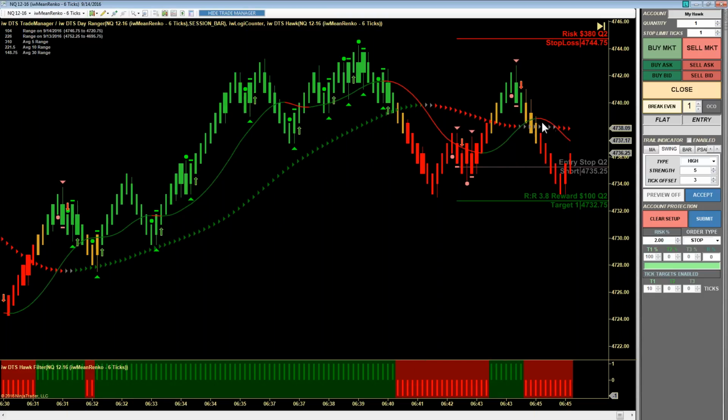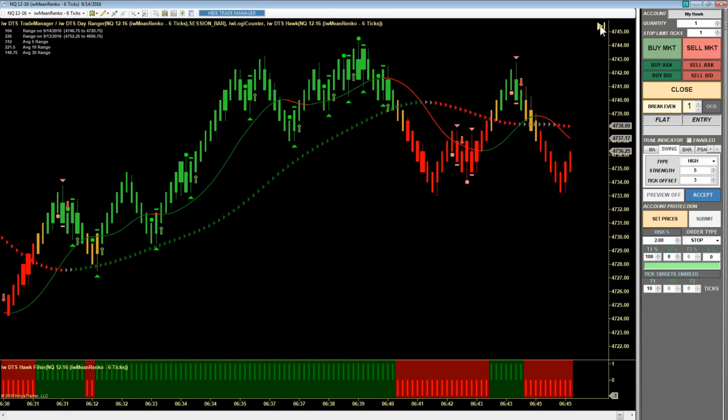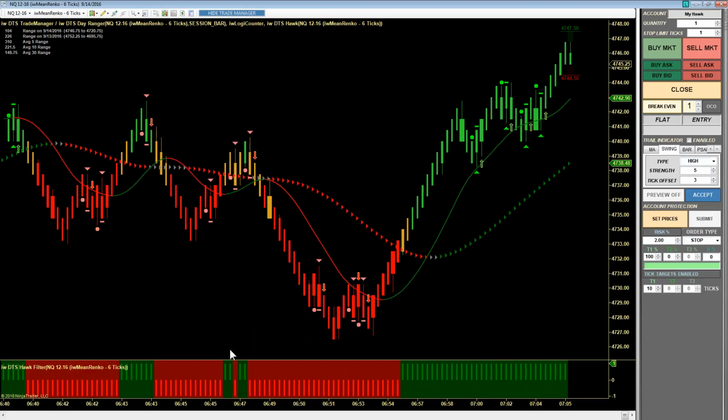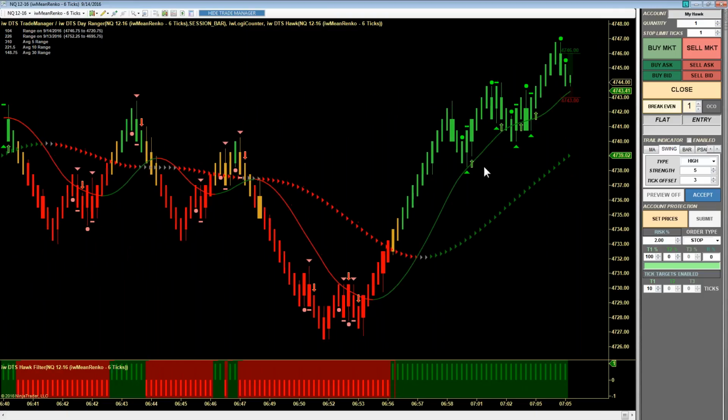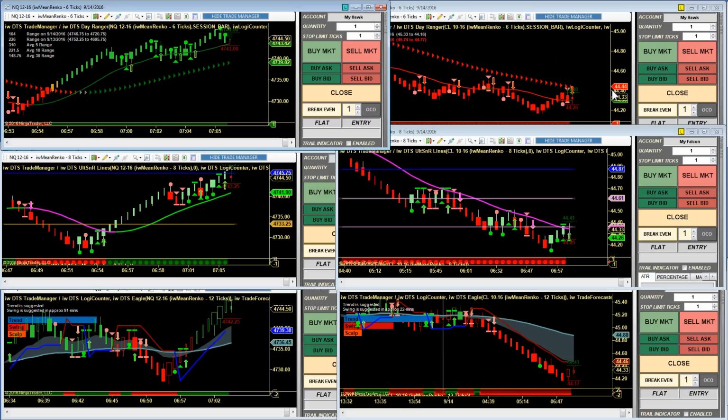Now I'm thinking, okay, possible sideways range again. All right, so that's how you can tell when you're potentially entering a choppy zone. You get all these yellow bars, you get a lack of follow through. And you just watch and see how the market responds to that.